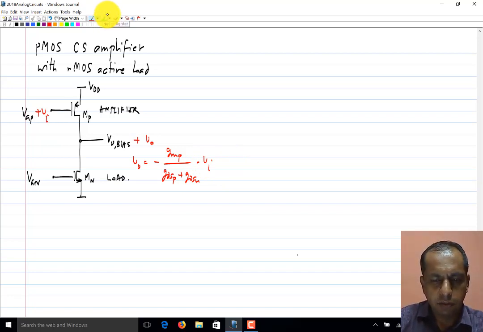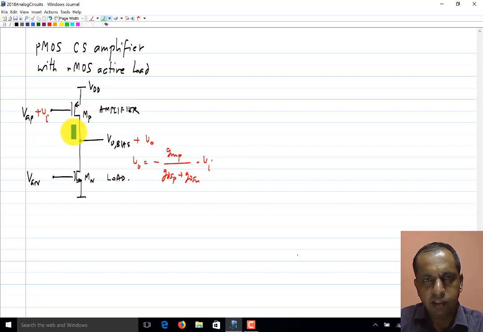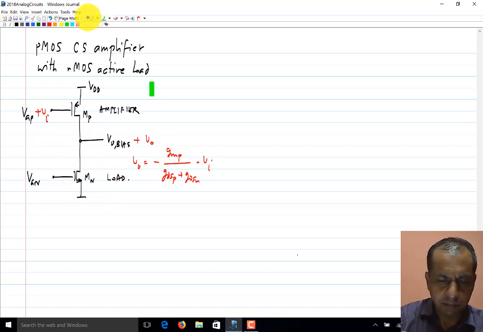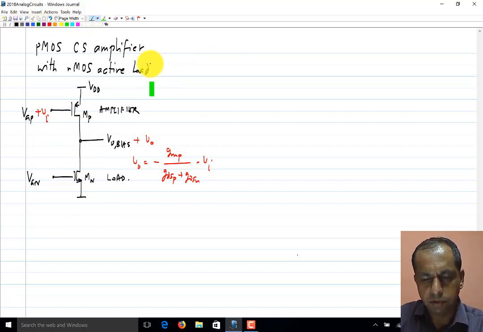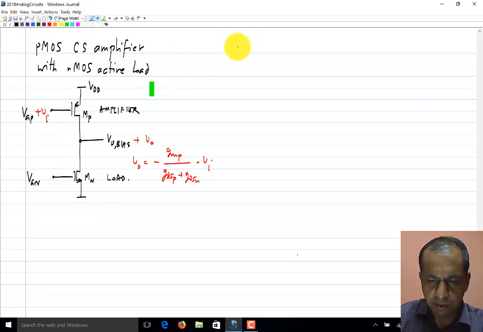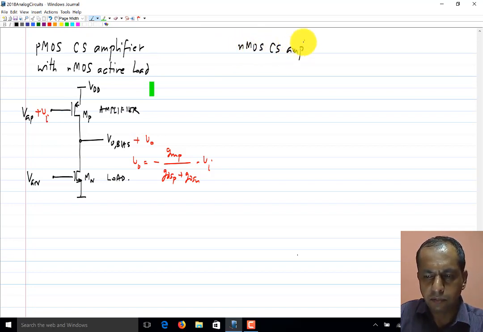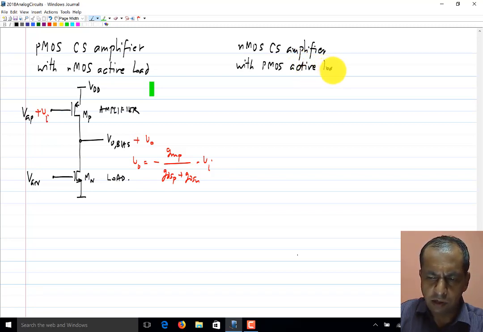Now it's pretty obvious, I won't go into the details of this, that exactly the same thing can be done with an NMOS common source amplifier. We started with the PMOS common source amplifier, but we can start with an NMOS common source amplifier with PMOS active load.